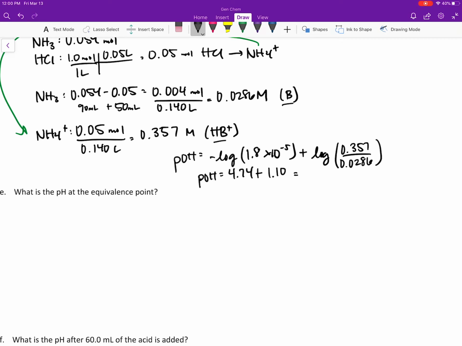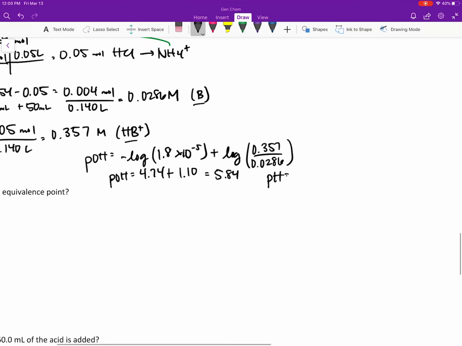That's going to give me a pOH of 5.84. To make that into pH, I'm going to subtract 14 minus 5.84.